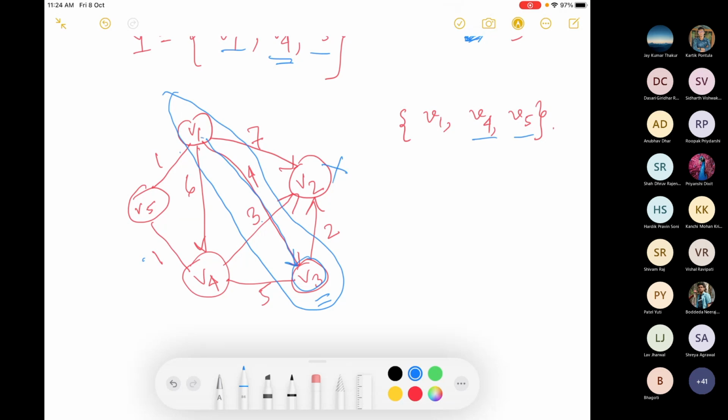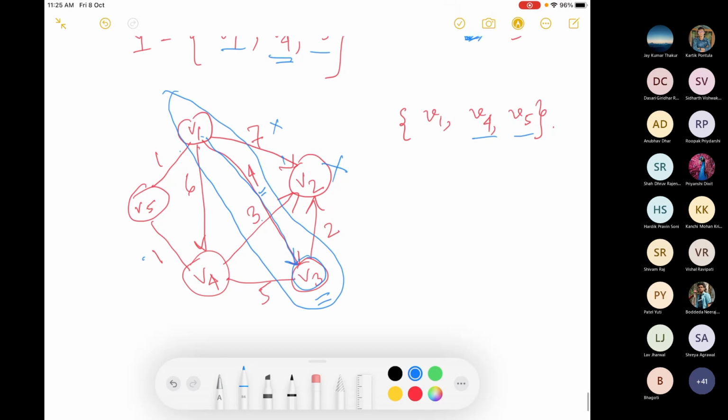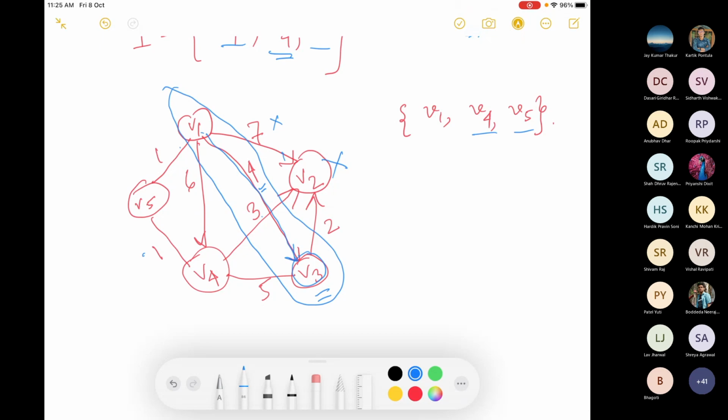Because there is a direct edge from V1 to V3, which has a smaller weight than the sum of the edge weights on the path from V1 to V2. Right? So one path is 7, that is also large. The other one, which could be a potential path, is 1 plus 1, 2 plus 3, 5, which is also larger than the path from V1 to V3.